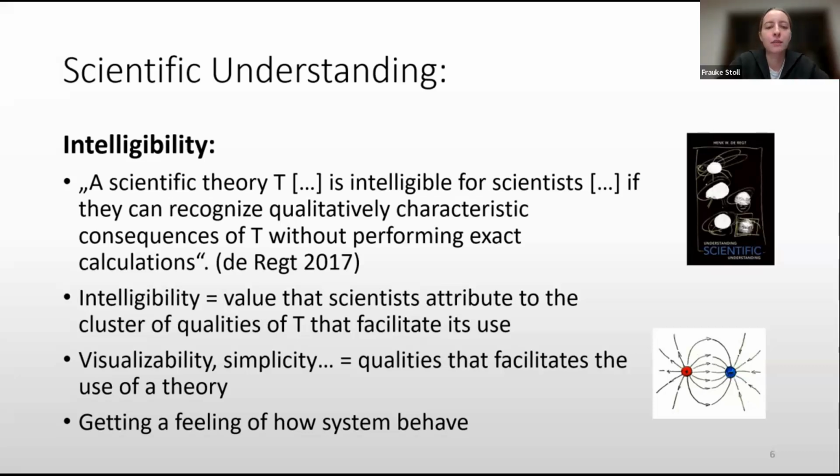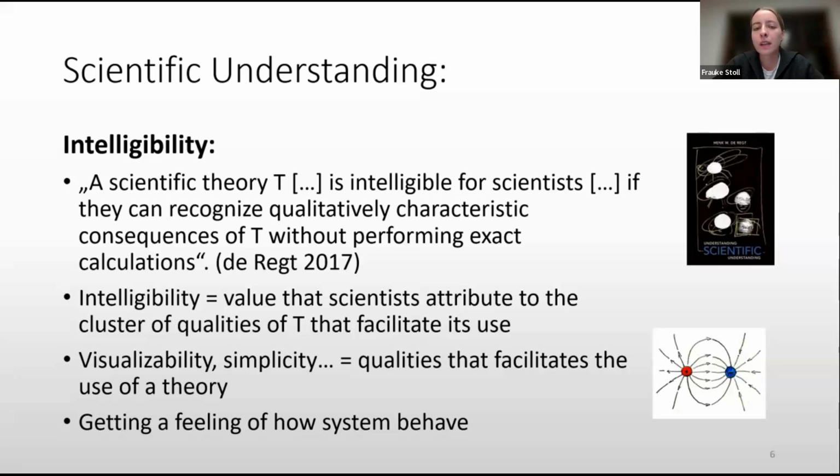Even though it's not explicitly in this definition, I think it is what's being meant. In the context of what I talked about with this string model or other phenomenological models, Recht talks about how you can get the same predictions you get from the string model by using numerical methods, but nobody understands them, and you do not get those qualitative characteristic consequences.